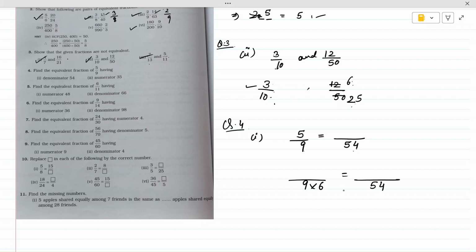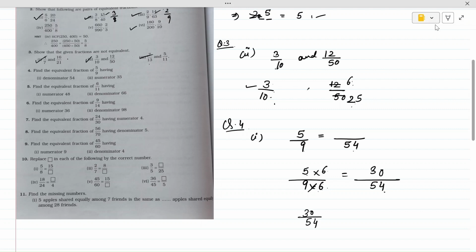So to find the equivalent fraction, I am going to multiply both the numerator and denominator with 6. So 9 into 6 is 54 and 5 into 6 is 30. So the fraction equivalent to 5 by 9 will be 30 by 54.